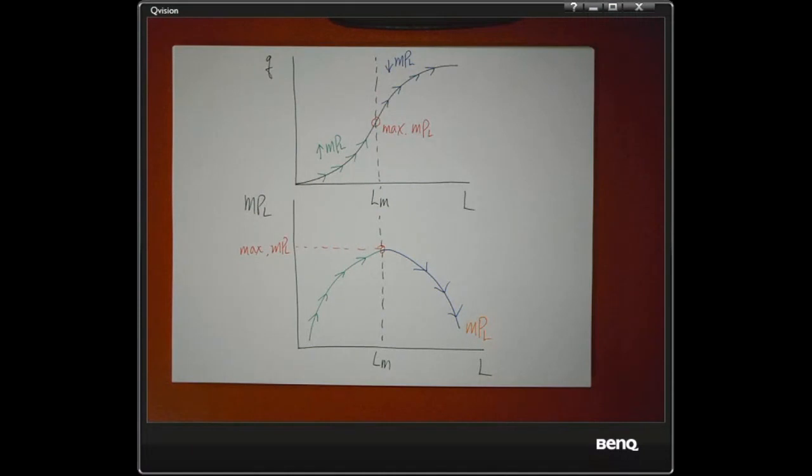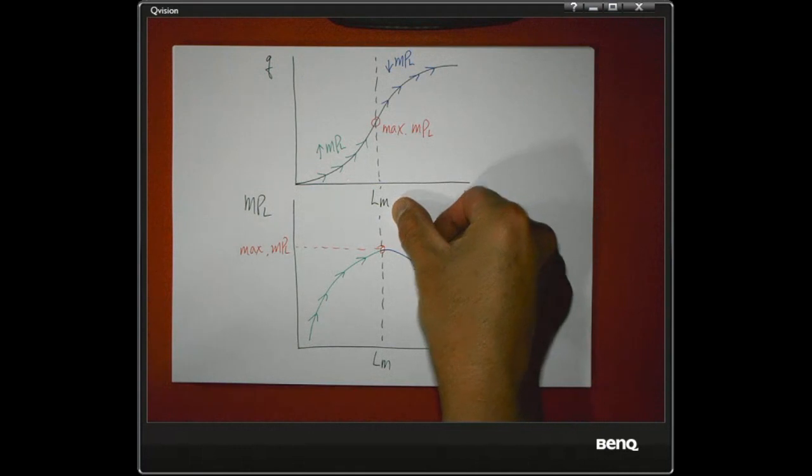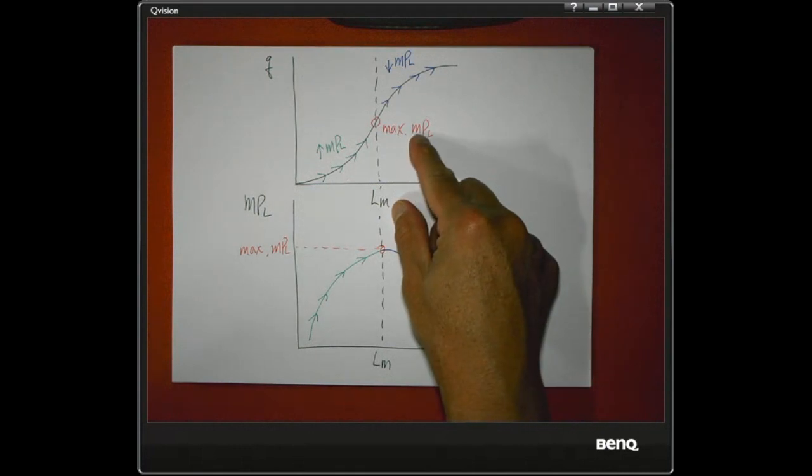And this is the marginal product of labor curve based on the slope of the total product of labor curve. So now we have learned how to derive or figure out the marginal product of labor from the total product of labor curve. Next, this is the level of labor input that will get us the maximum marginal product of labor.